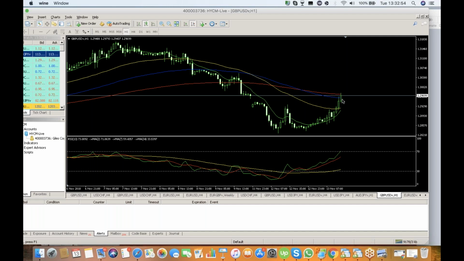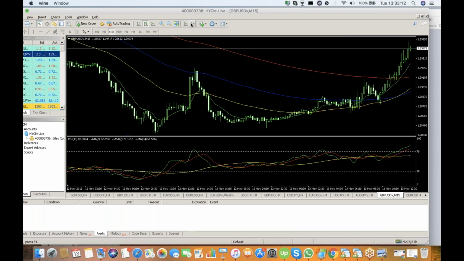So what you would want to see before initiating any trade here is you'd want to see price breaking up above that 100 and that 200 exponential moving average on the 1-hour chart. Until price breaks up from there, there isn't really technically a very sensible place to enter.